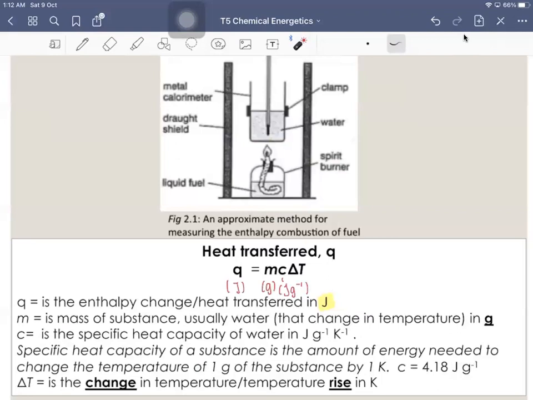Okay, delta T doesn't have a unit because it's just a change in temperature. Okay, so I have just confirmed that there is a missing Kelvin here.